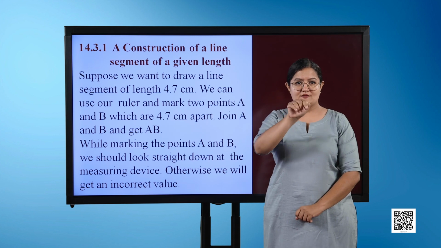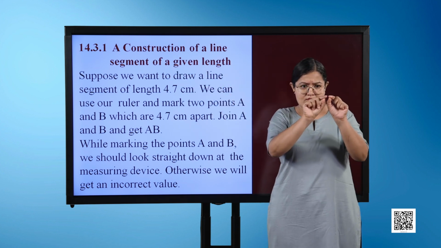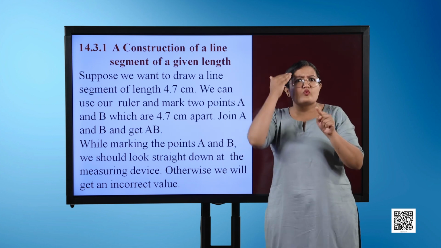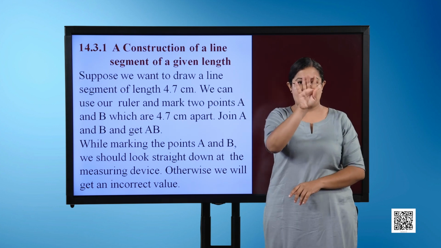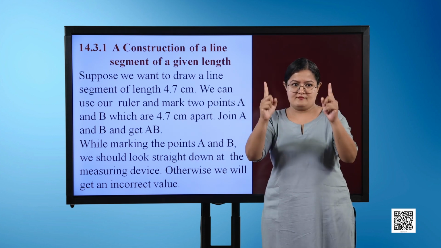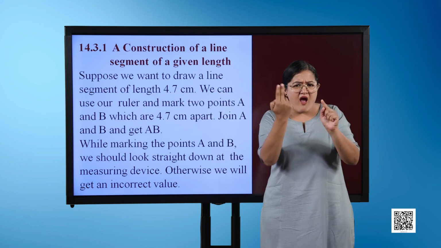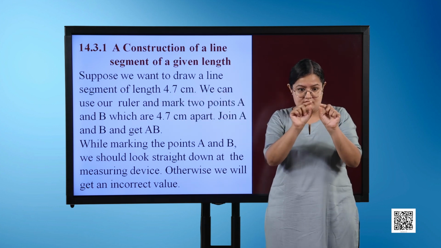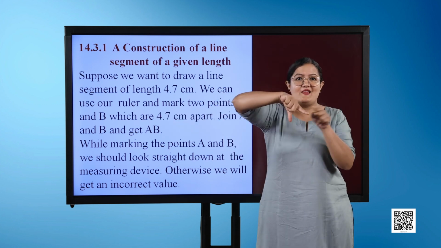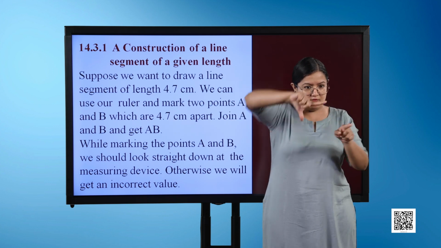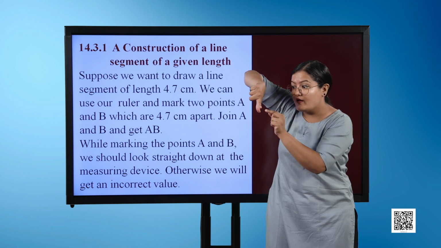14.3.1. Construction of a line segment of a given length. Suppose we want to draw a line segment of length 4.7 centimeters. We can use our ruler and mark 2 points A and B, which are 4.7 centimeters apart.